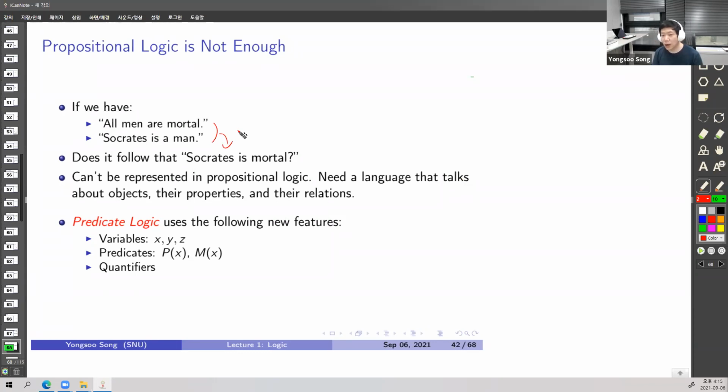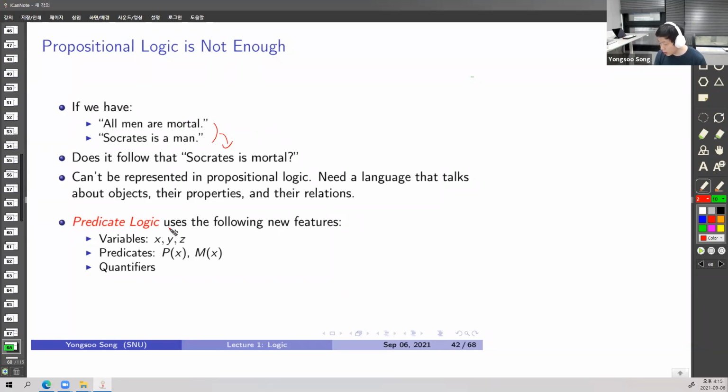But this argument is not covered by the propositional logic we have studied so far. This type of argument cannot be represented in propositional logic. So we are going to introduce a new language that talks about objects and properties.